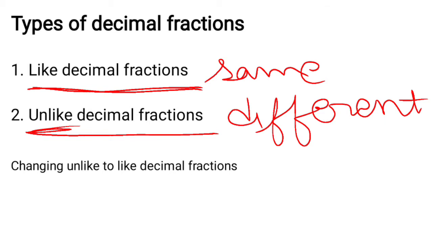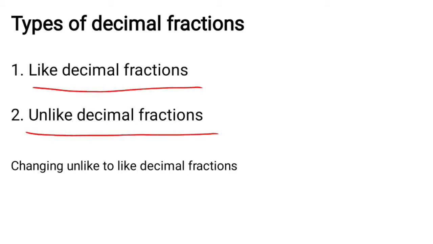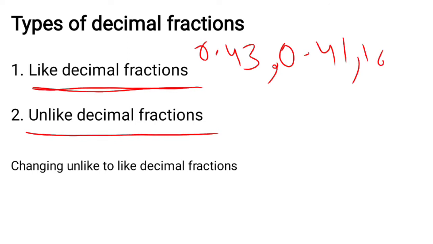Okay, decimal fractions are said to be like decimals if they have an equal number of decimal places. Like I'm taking an example, 0.43, and another number is 0.41, and another number is 183.42.